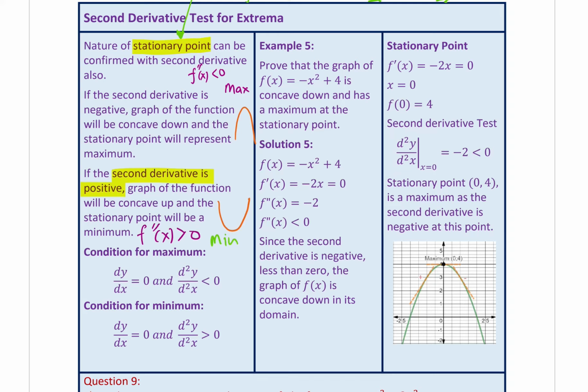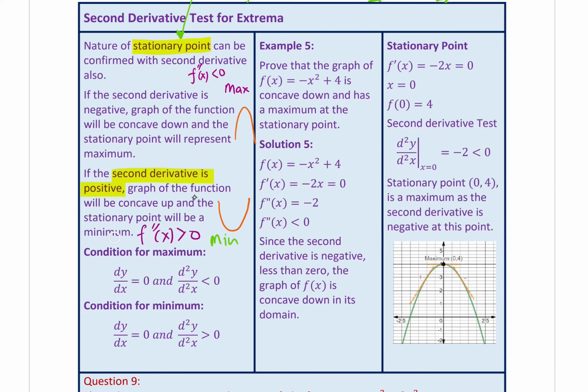So simple. So you can find the second derivative at the critical point, and if its value is positive, then we have a minimum. If its value is negative, we have a maximum. So if the second derivative is positive, the graph of the function will be concave up and the stationary point will be a minimum, right?